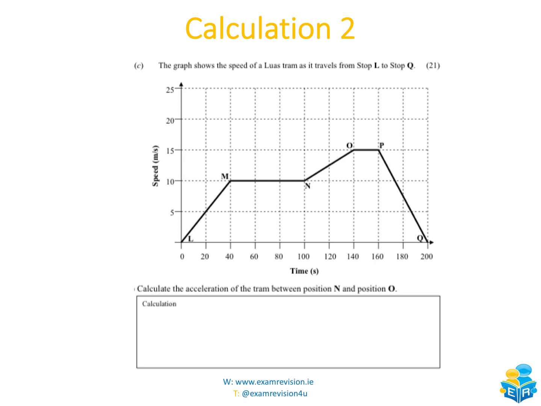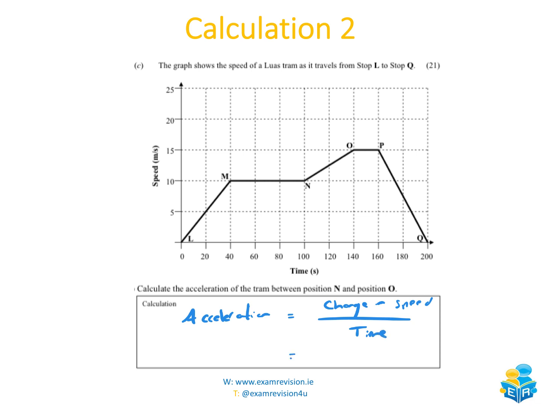The graph shows the speed of a tram as it travels from stop L to stop Q. Calculate the acceleration between points N and O. So if we look at N and we look at O, at point N, our speed was 10 metres per second. At O, our speed was 15 metres per second. So acceleration is the change in speed over the time taken.